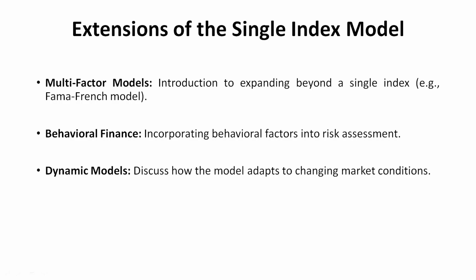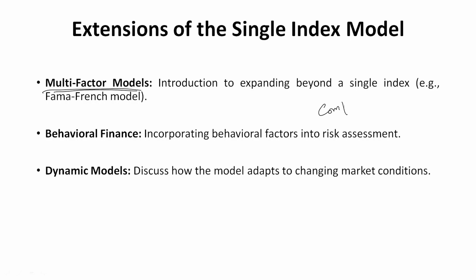Now let us come to the extension of the single index model. There's always a chance for us to increase the utility of a model which we have already constructed. The best thing is a combination of various models, which can be called a multi-factor model. I can incorporate the CAPM model, I can incorporate the single index model, and I can also integrate the Fama French model.